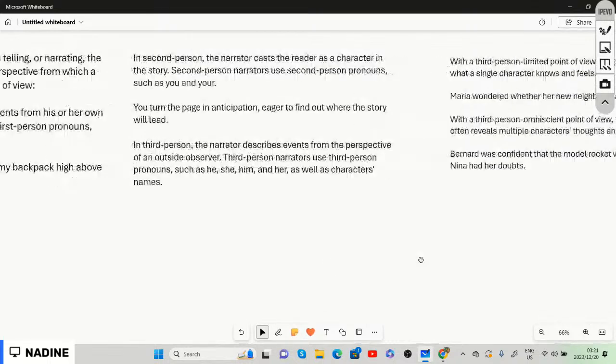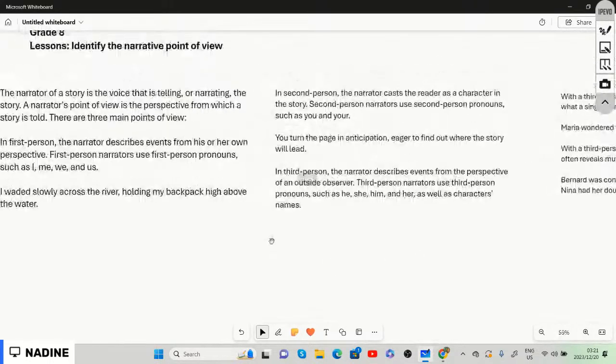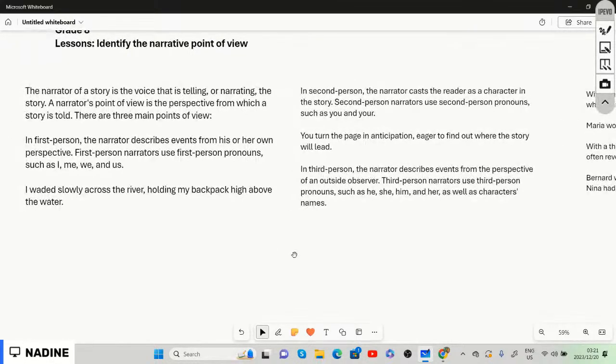All right, so this is basically point of view, where we have first person, second person, and third person. When it comes to point of view, the narrator of a story is once again the voice that is telling or narrating the story, and a narrator's point of view is the perspective from which a story is being told.